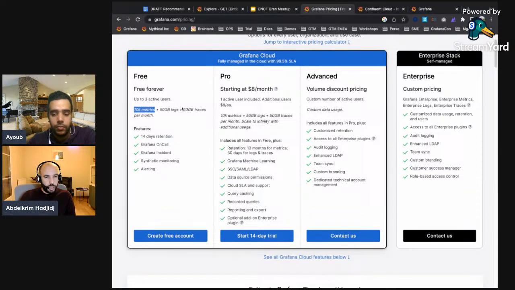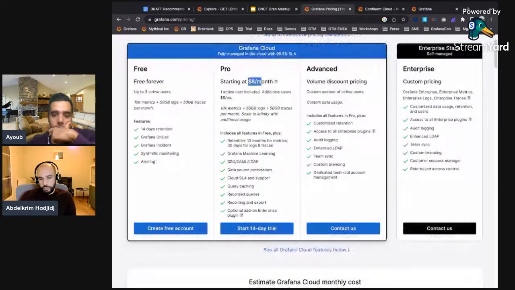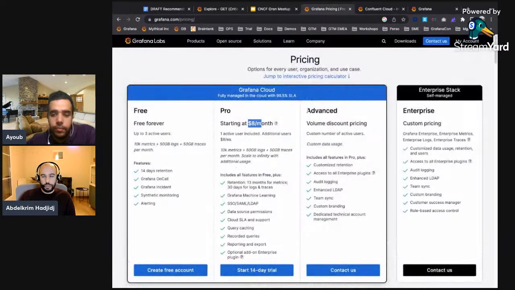If you have more than that, you can go to the pro plan, and we look at the number of metrics, and it's about $1 per month for 1,000 active series. So depending on the number of systems that you monitor, the cost can be different. But as I said, it's open source, it's free, it's on GitHub. You can download it and start using it.